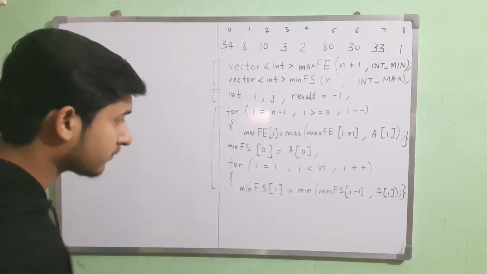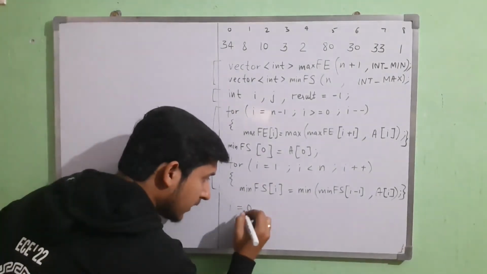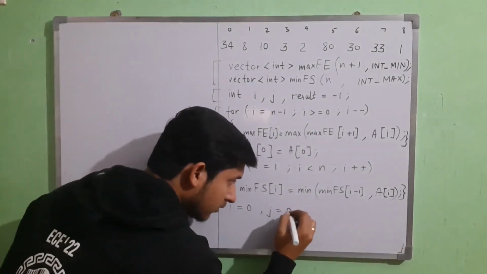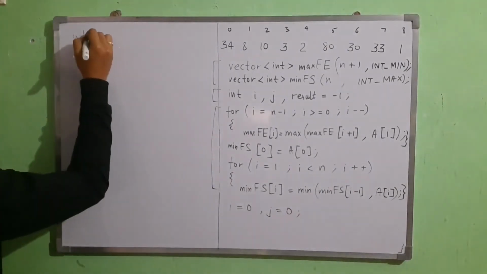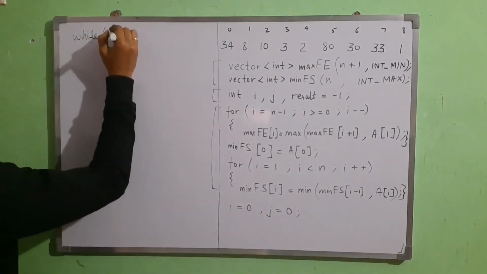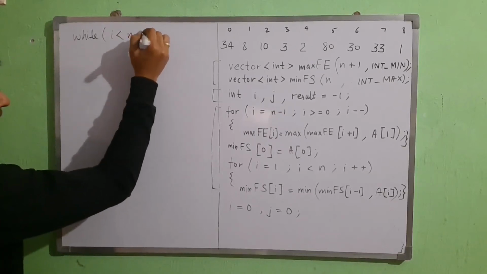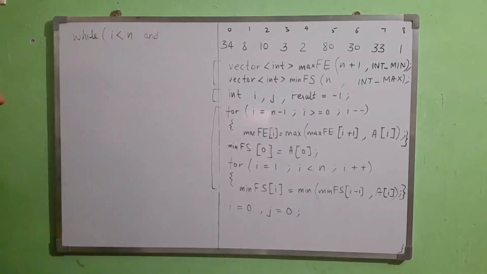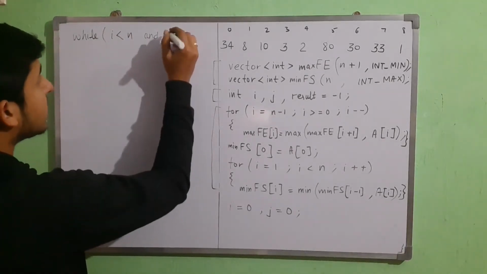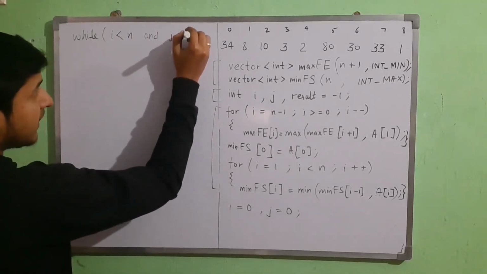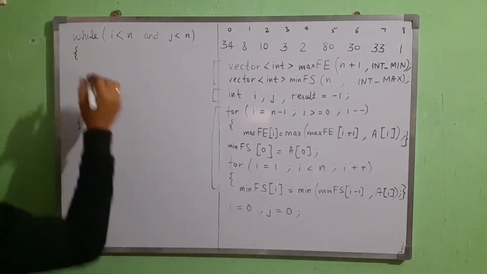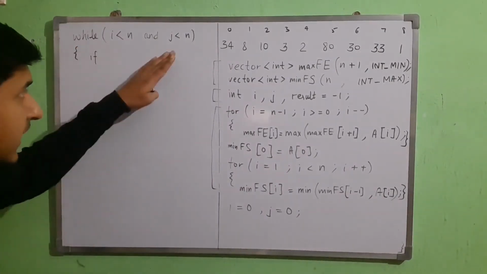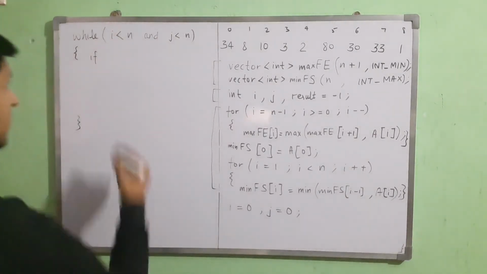And now i will have 0, j will have 0, and writing it here, while i is less than n, I can write and as well, since C++ STL, that means C++17, has this as a keyword, and j is less than n. What we have to do is, if j can be increased, what do I mean by j can be increased?